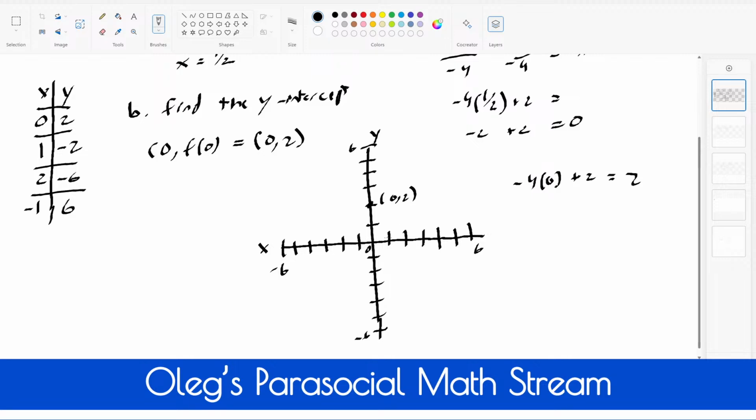X is 1, y is negative 2, so that's (1, negative 2). X is 2, y is negative 6, so that's (2, negative 6). And x is minus 1, y is 6, so (minus 1, 6). Then we can just run a line through them, like that.